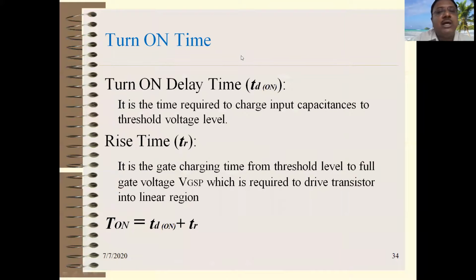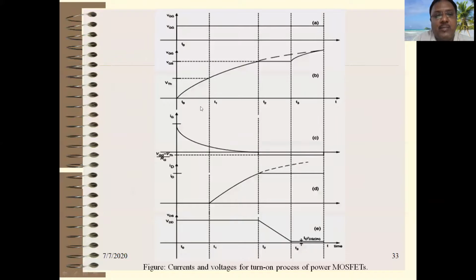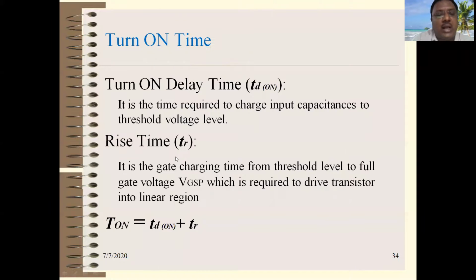So turn on delay time, TD on, is the time required to charge the input capacitances to the threshold voltage level. This is the time to charge the input capacitances, CGS and CGD. These two capacitances are charged up to the threshold level, as shown here in this graph, right?